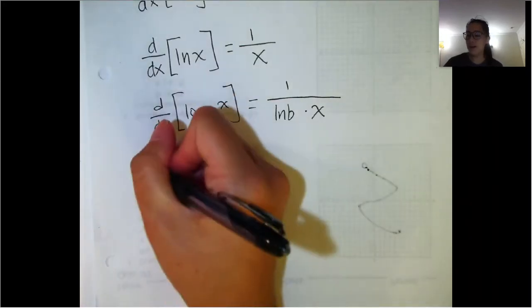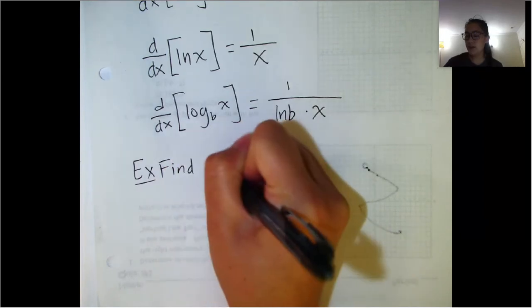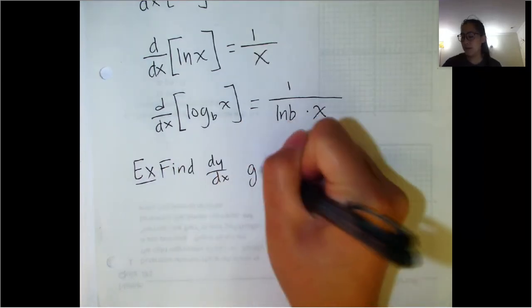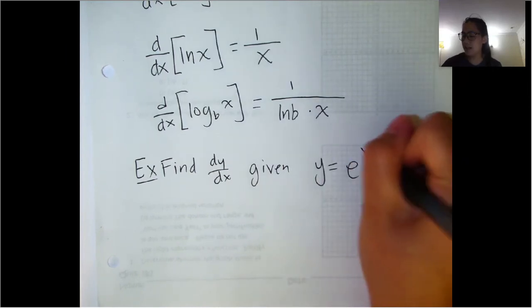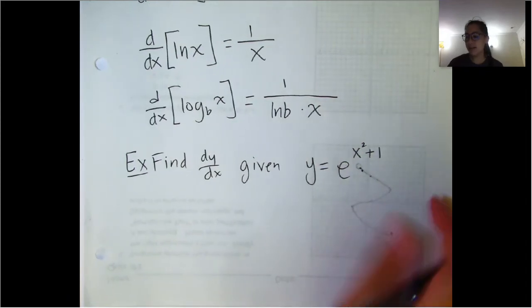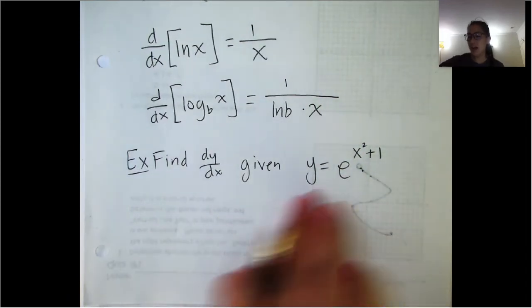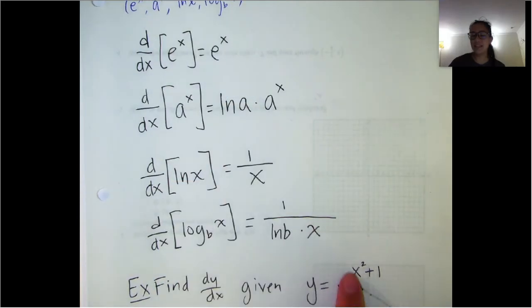Find dy/dx given y equals e to the x squared plus 1. You can pause the video if you want to give this a try, but we'll go over it. What you'll recognize here is this looks like the first derivative I gave you today, e to the x, but we've got stuff in the exponent.